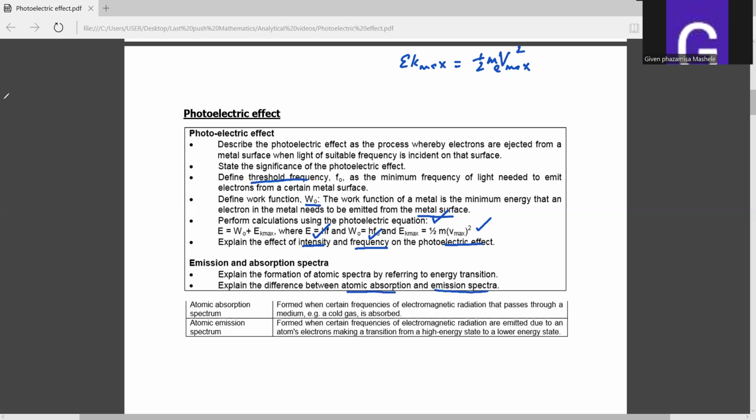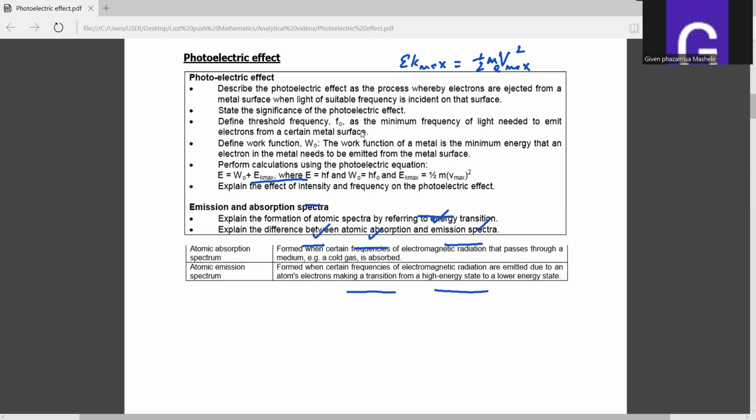Guys, I want to explain this because this is a typical exam question. Let's go to the definition first. What do we mean by an emission and what do we mean by an absorption? Let me start with an emission spectrum.